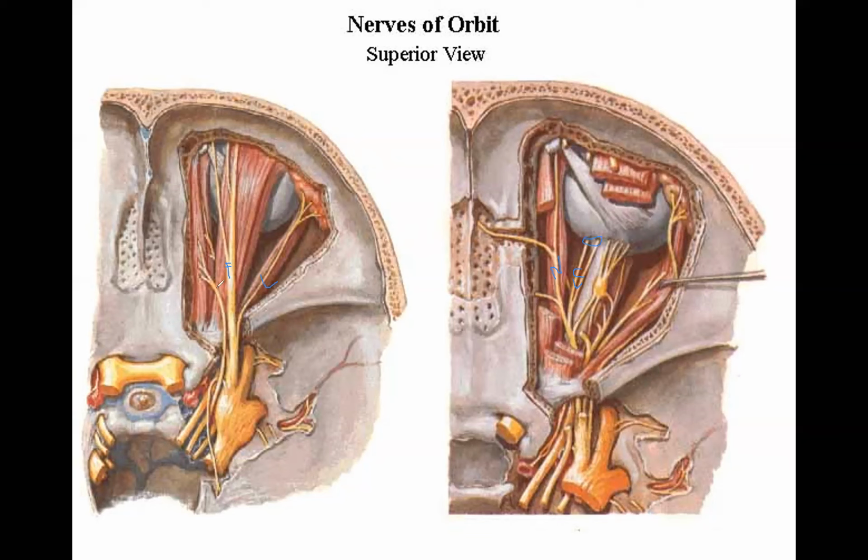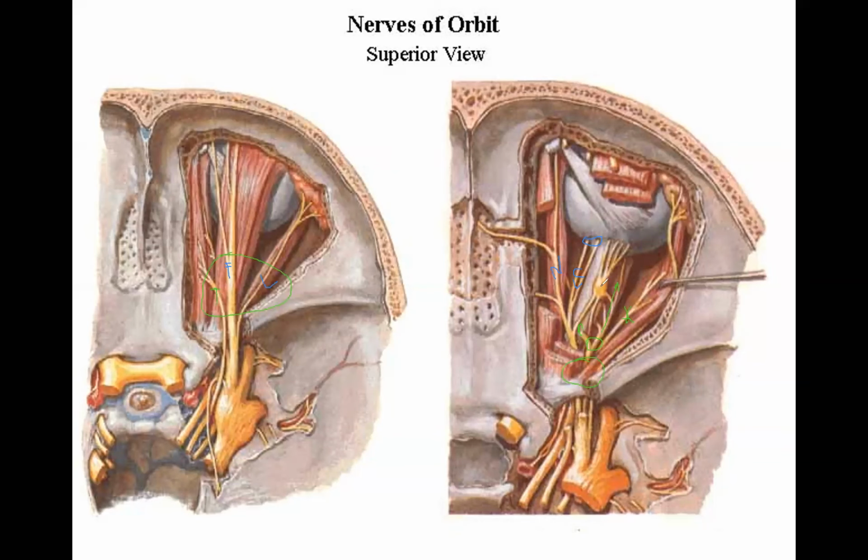Then we have trochlear, together with lacrimal and frontal go outside the ring. And then we have the abducent and oculomotor. You can see the upper branch here and the lower branch here. So all these go through the common tendinous ring.